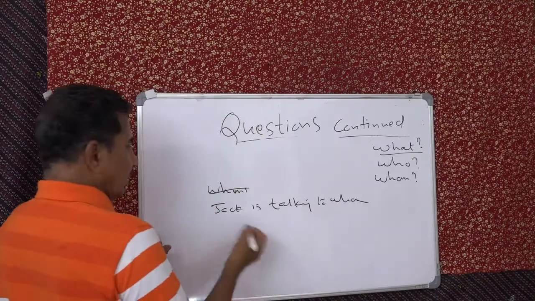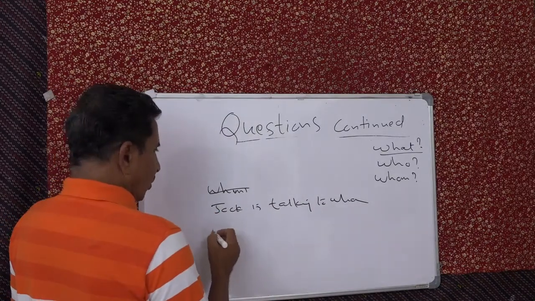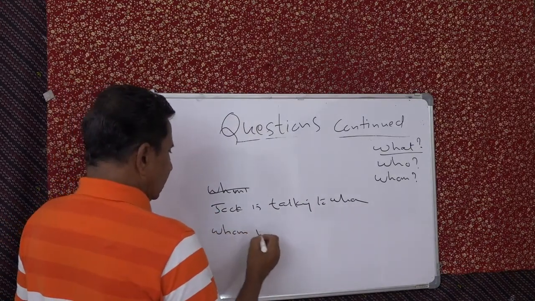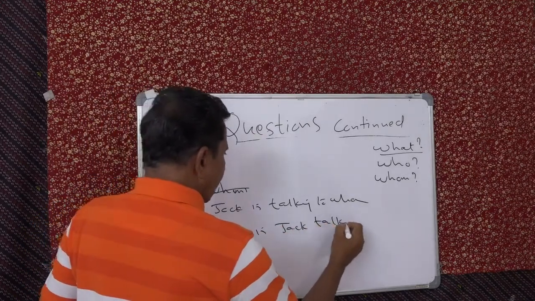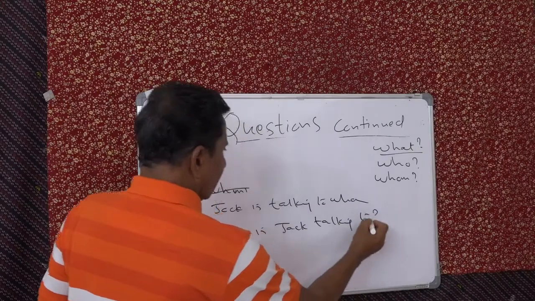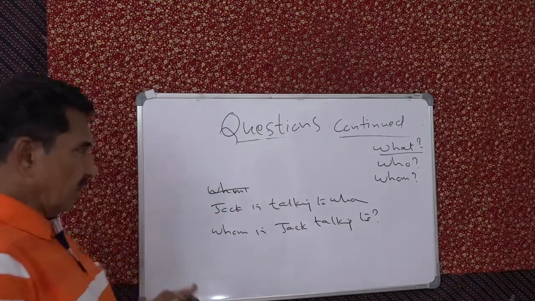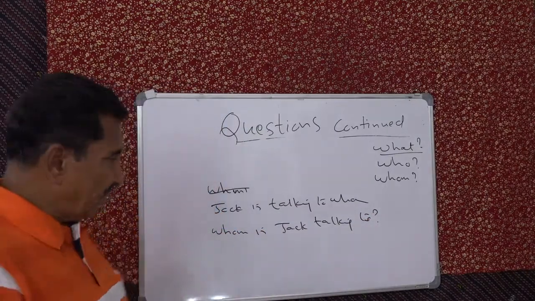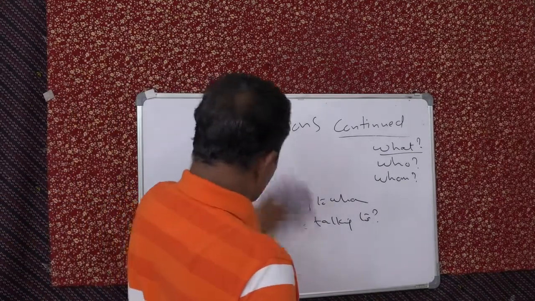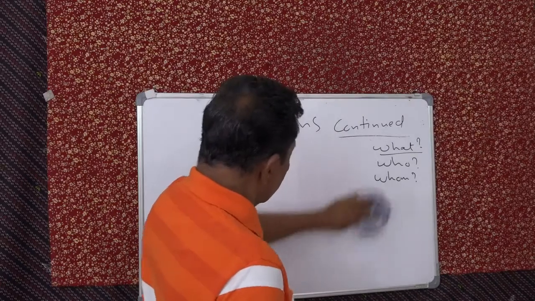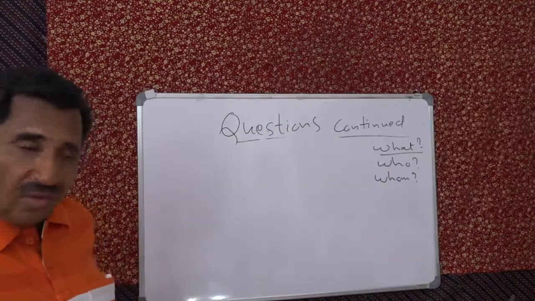You can say very simple. Whom is Jack talking to? See that? Whom is Jack talking to? Simple. So these are question words. With question words, you can make questions. Then you will get the new information.